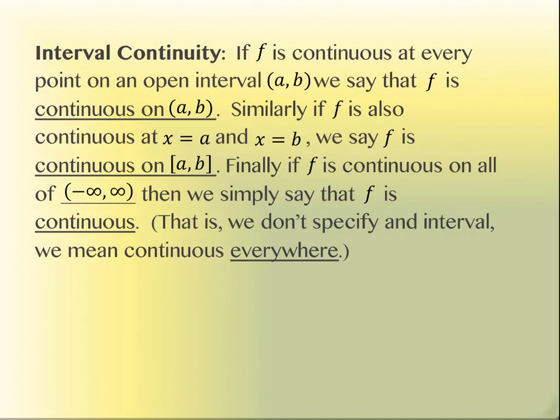So you see those brackets on there. Finally, if it's continuous on negative infinity to infinity, we actually just say that f is continuous. So if you don't see an interval specified, then it's understood to mean everything. It's continuous everywhere.